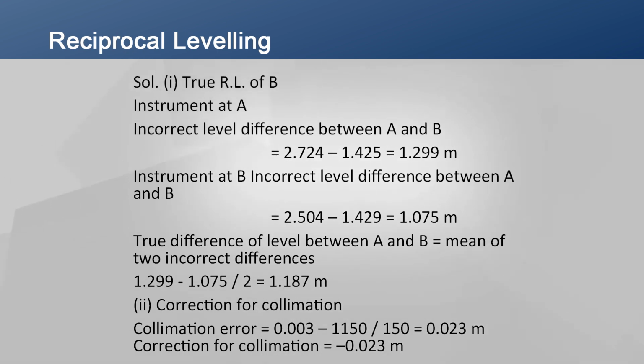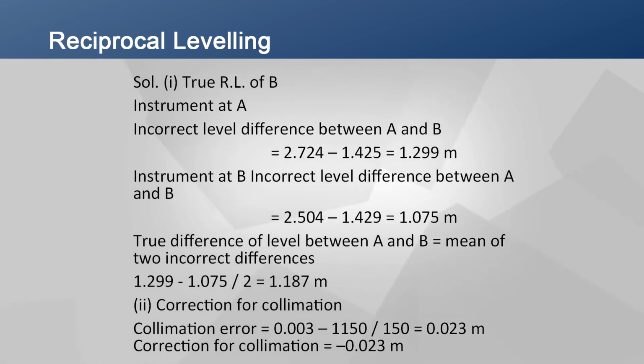So, the true difference of level between A and B will be equal to the mean of the two incorrect differences, which is 1.299 plus 1.075 divided by 2, which will result in 1.187 meter.